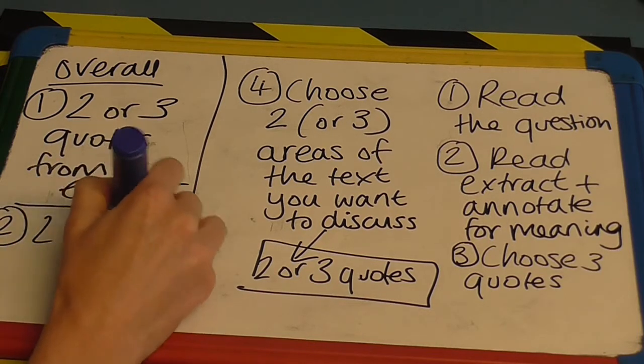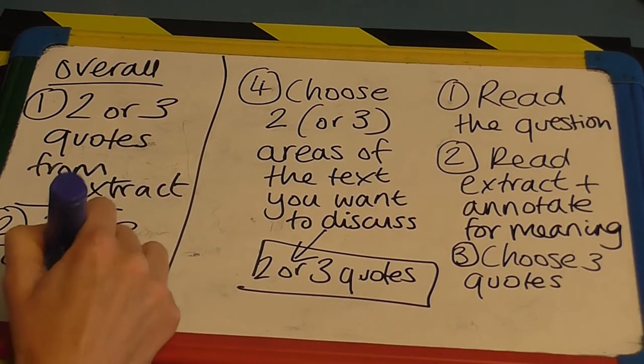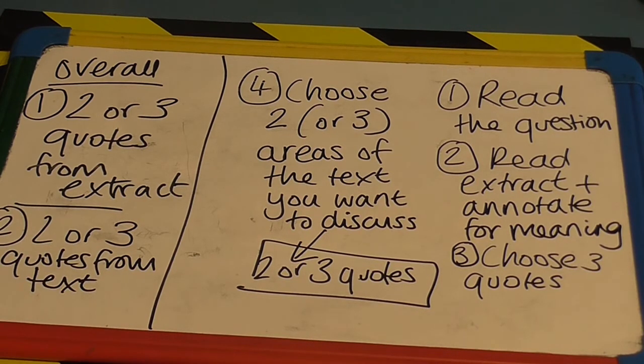And then 2 or 3 quotes from the text as a whole, so from the wider text. And that would make up then your answer. So you're looking to write roughly 2 to 3 sides of A4 for this question.